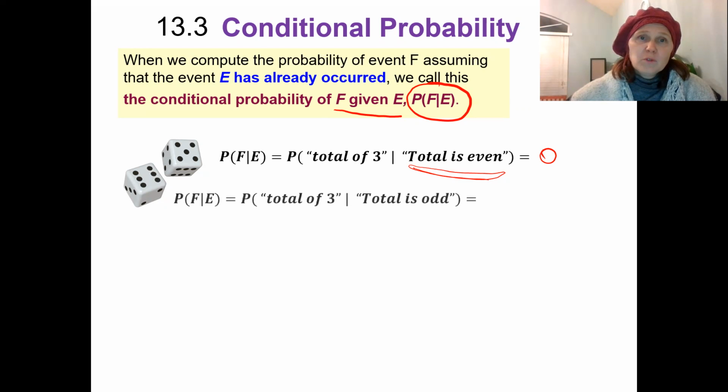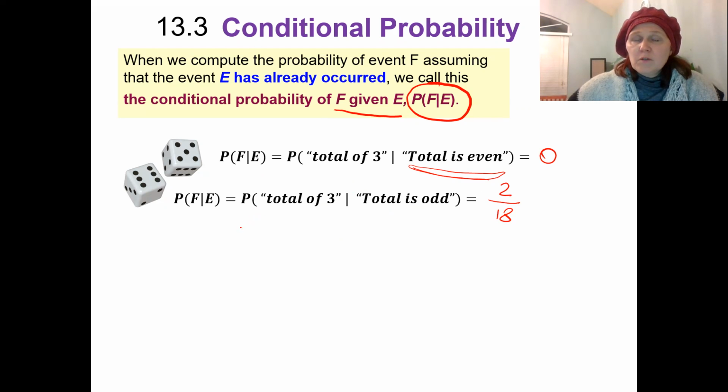Another situation: what is the probability of total of 3 given that the total is odd? Let's call it A prime, another event. So this time the probability is not 0, because from all odd outcomes, there are 18 to have total of 3.